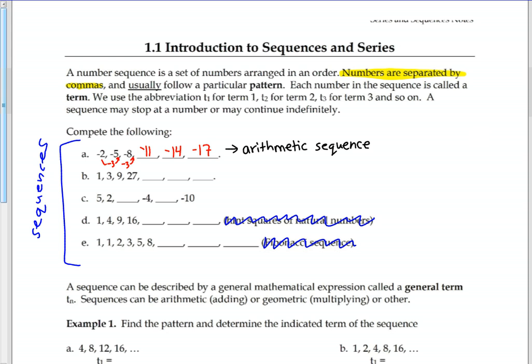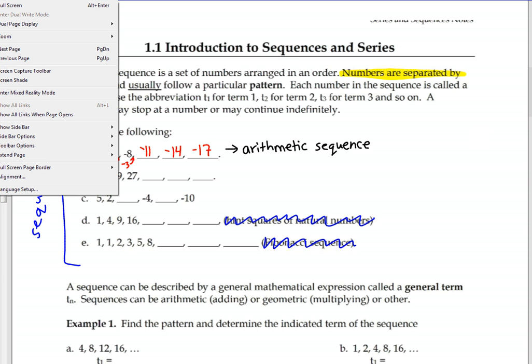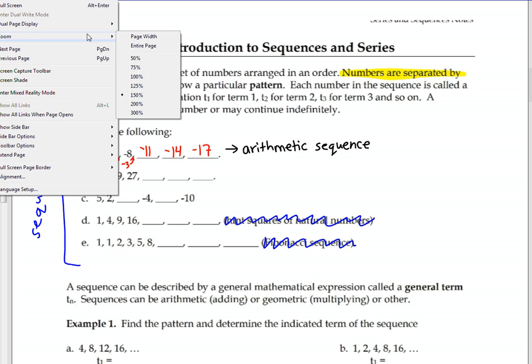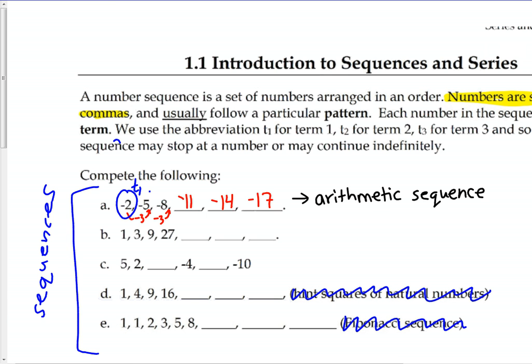These are all sequences because each term is separated by commas. We call them all terms. So this negative 2 is what we would call term 1, the negative 5 is term 2, and the next one we would call term 3.